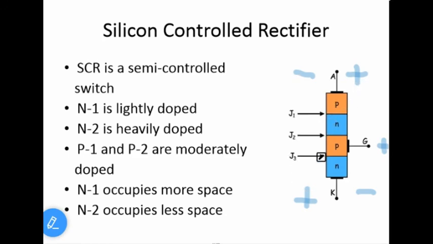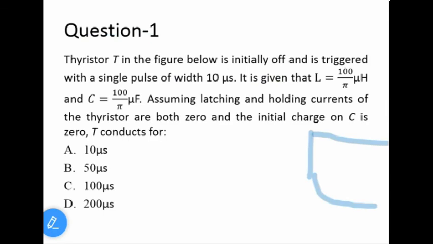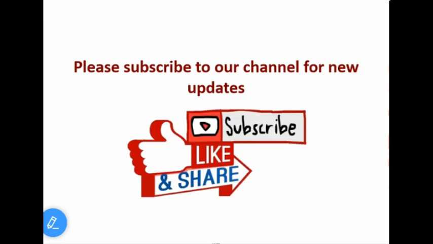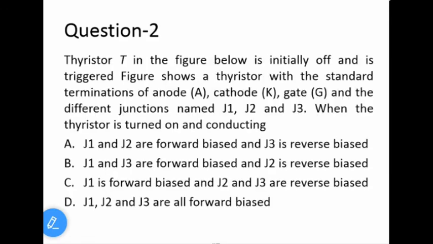He is talking about this basic figure, which shows a thyristor with standard terminations, anode, cathode, and gate, and the different junctions J1, J2, J3.